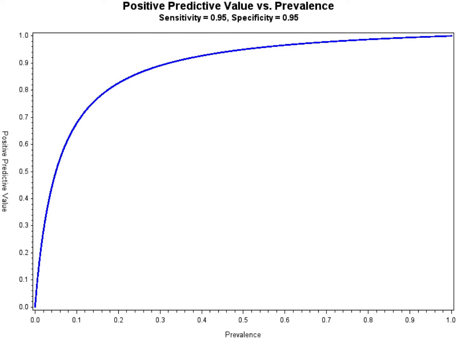But as the prevalence begins to increase, as it gets larger, we can see that there's, at least in this graph, a rather sharp increase in the positive predictive value. As the prevalence continues to increase, the rate of increase of the positive predictive value diminishes.